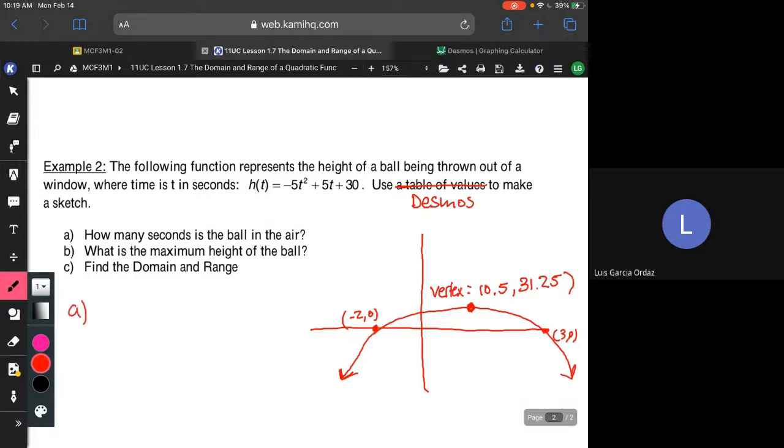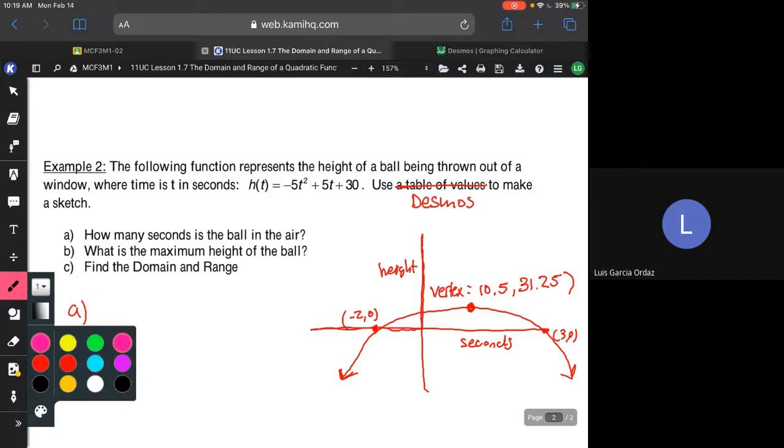For part A, how many seconds is the ball in the air? My x-axis is my seconds, and my y-axis is my height. Remember, guys, because this is talking about time, does my negative x-axis count in this case? Can we have negative time? No. So this part of the graph over here, you can completely disregard it.